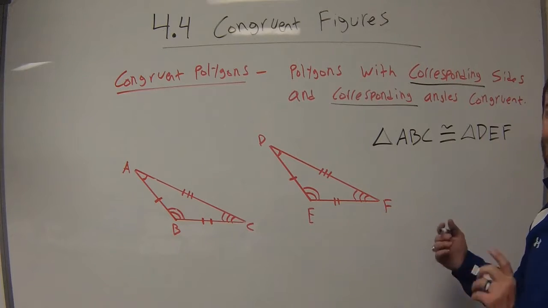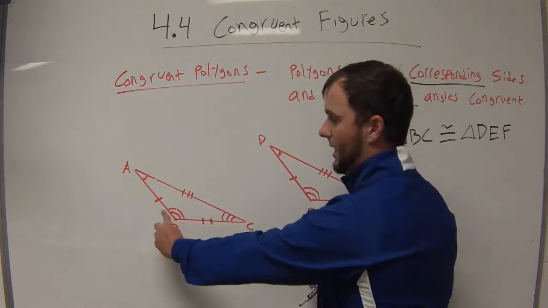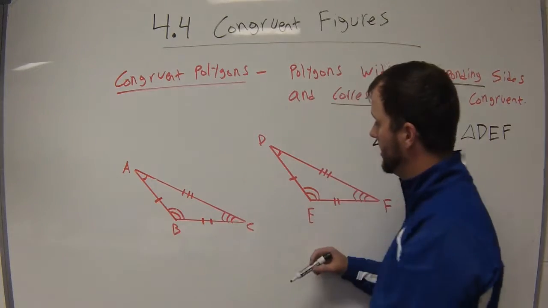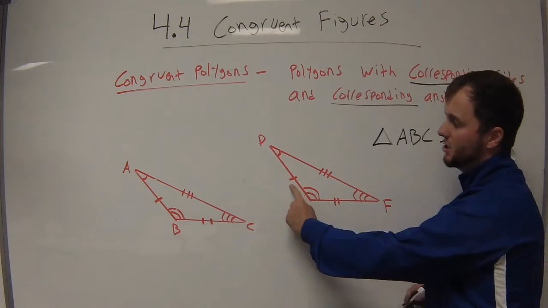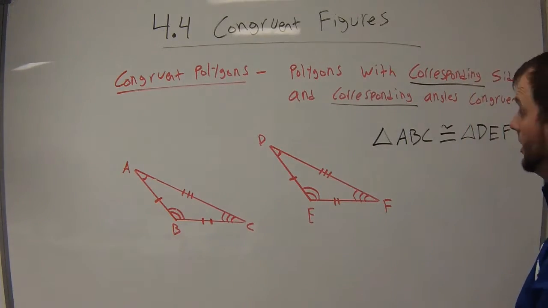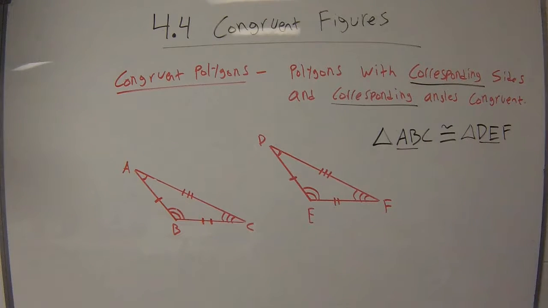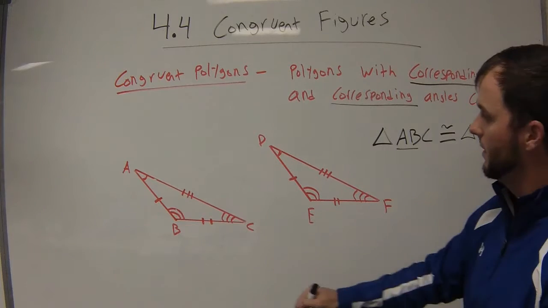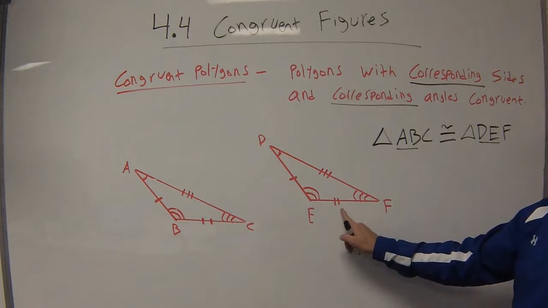Now let's look at the sides. Side AB has one notch on it. Side DE has one notch on it. That means AB and DE are congruent to each other. BC has two notches, and EF has two notches, so they're congruent to each other.